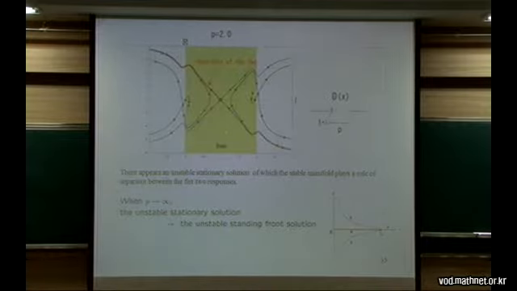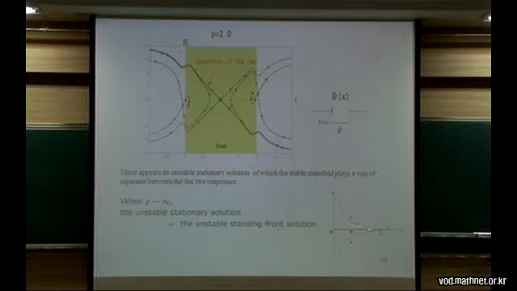So here is the same sketch. In this situation, P tends to infinity, and this combines two cases of a step. When P tends to infinity, this unstable solution converges to a stable standing front solution here. In our numerical solution, we fix here. This branch is unstable.